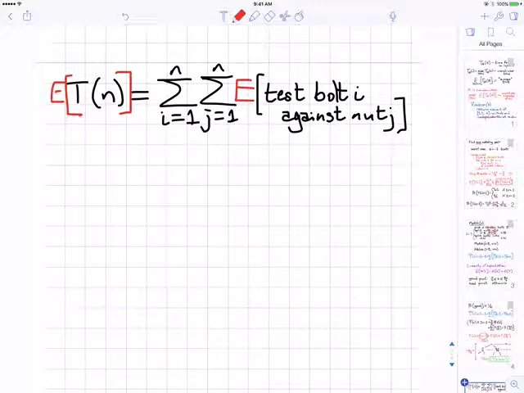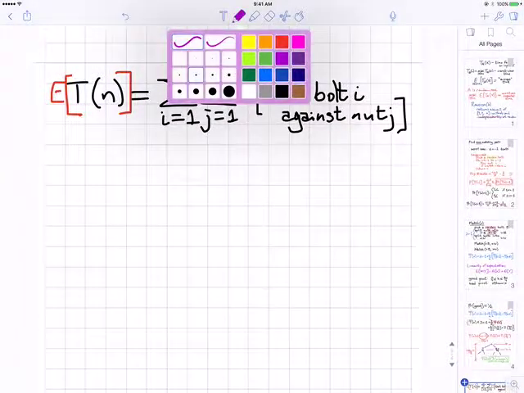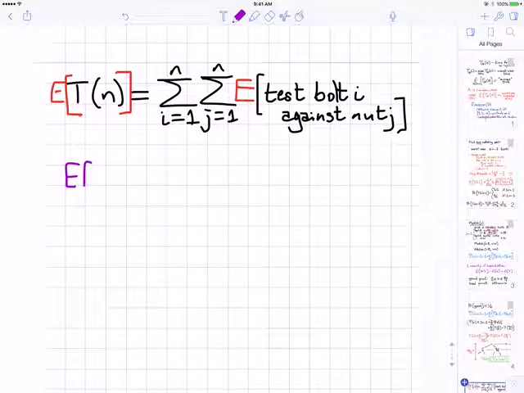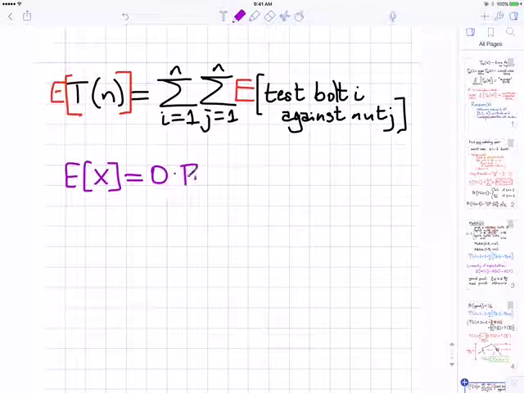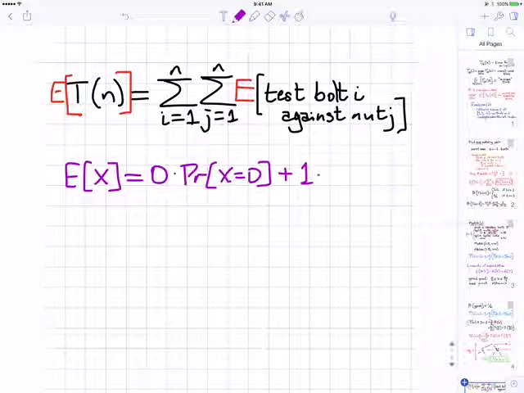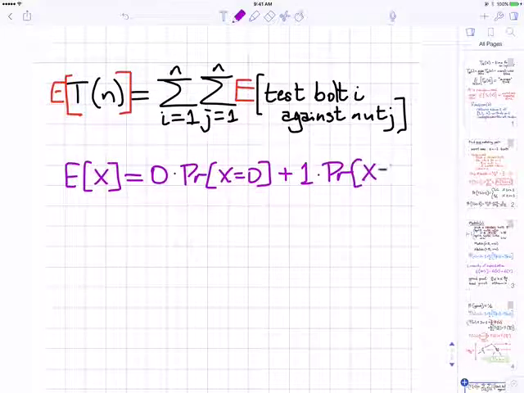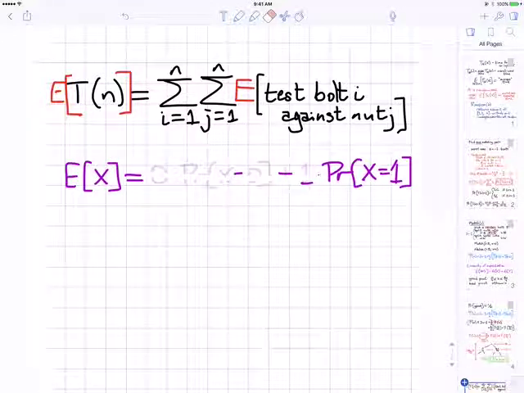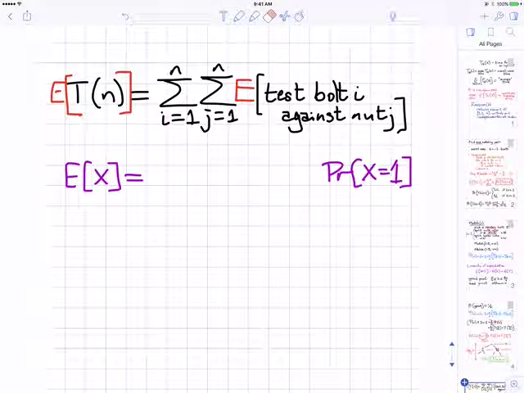All right, let me quickly go on a diversion here. If I have a variable x that's either 0 or 1, its expected value is 0 times the probability that x is equal to 0 plus 1 times the probability that x is equal to 1, which can be simplified.